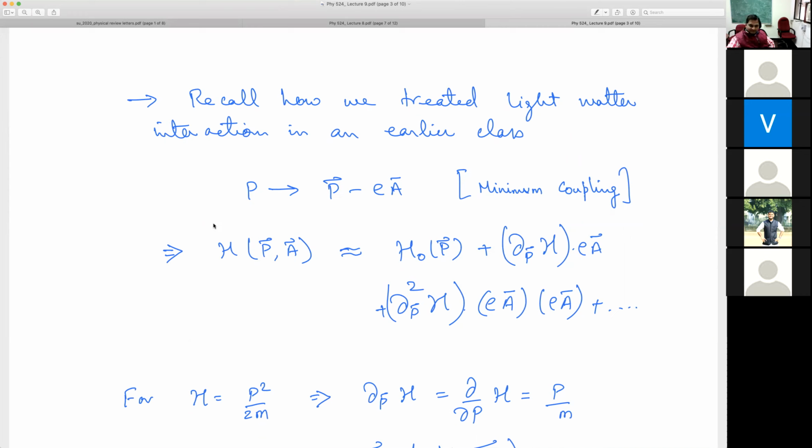Since the Hamiltonian of a system in momentum space is a function of momentum, and momentum has changed, I can expand the Hamiltonian as a Taylor power series in terms of eA. So I'll have a 0th order term, a first order term, and then second order terms. These are not written very accurately. Ideally, I should put in all the directional derivatives and be very careful when I write this.